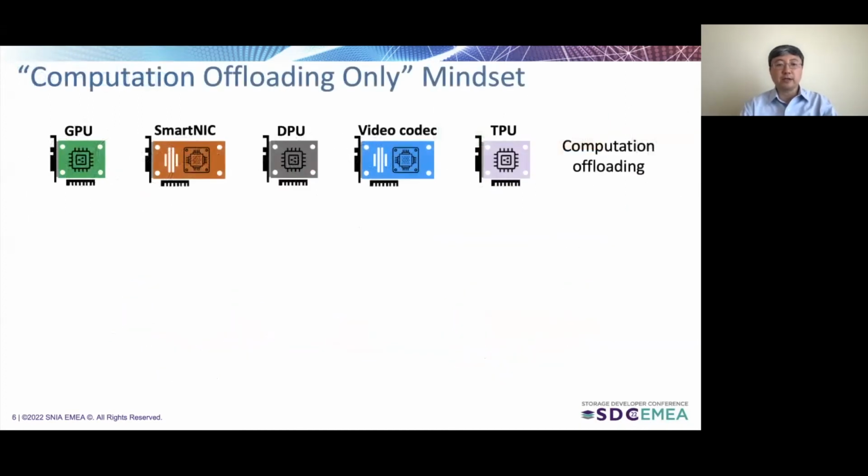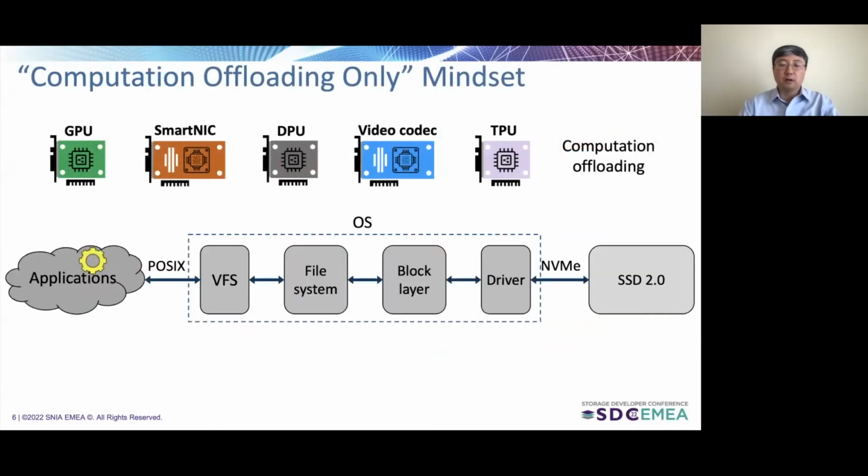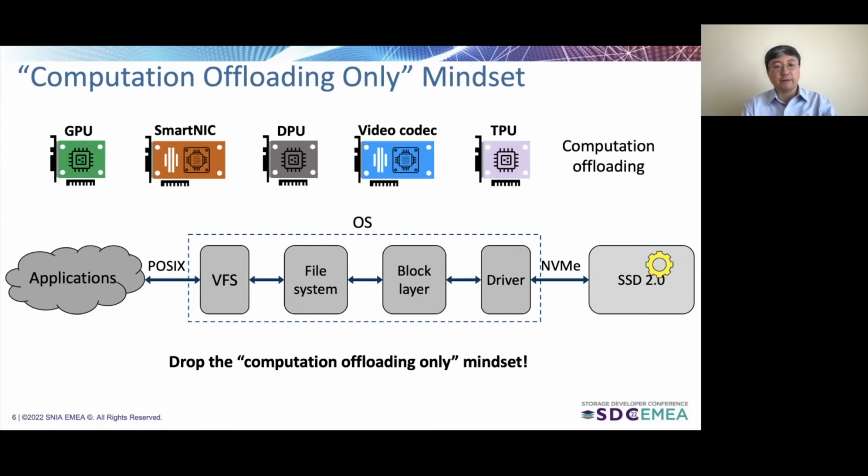Now let's look at SSD 2.0. Located at the very bottom of the entire storage I/O stack, and connected through a standard cross-layer interface, SSD 2.0 clearly faces a much higher abstraction breaking cost than the others.